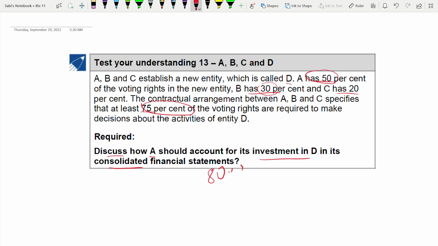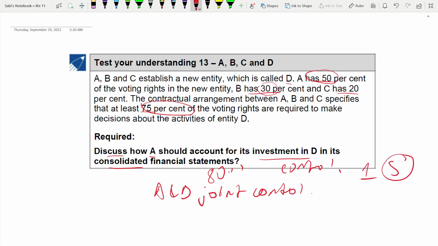Because A does not have control, what does it imply? That A and B have joint control. This is what you need to prove even in the exam. First, you need to see whether a person has control or not. Why am I asking about control? Because if one person has control, joint control does not apply; then it's a subsidiary.